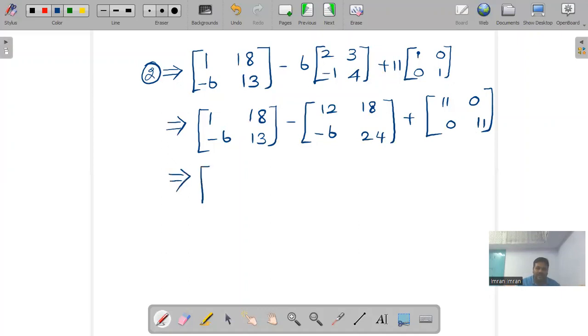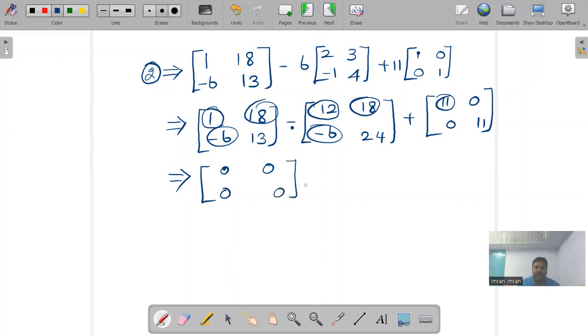Final result: 1 minus 12 plus 11 is 0, 18 minus 18 is 0, minus 6 plus 6 is 0, and 13 minus 24 plus 11 is 0. Now the Cayley-Hamilton theorem is finally verified.